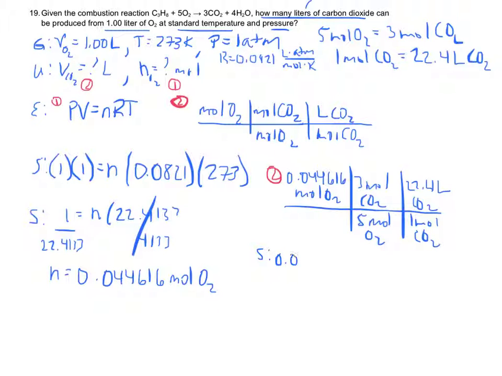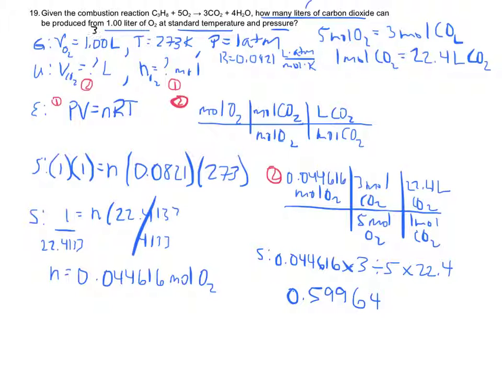So when we do that on the calculator, 0.044616 times 3 divided by 5 times 22.4 gives you 0.5996.